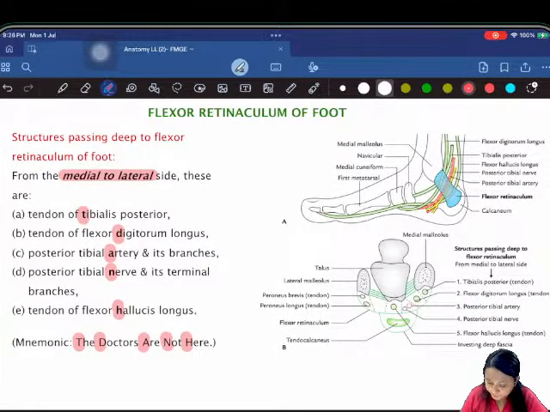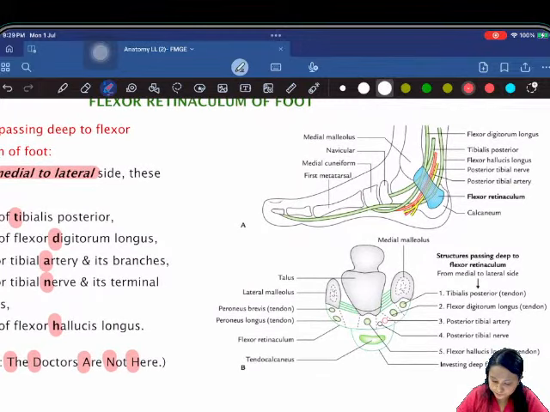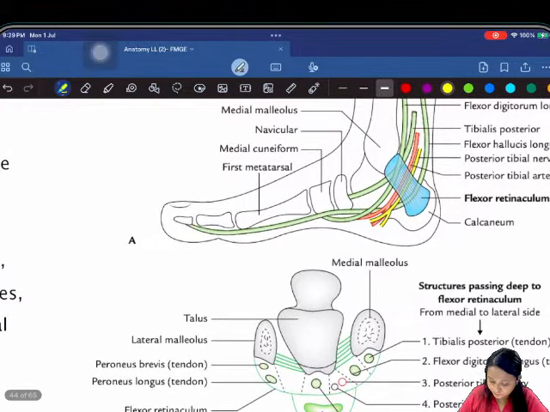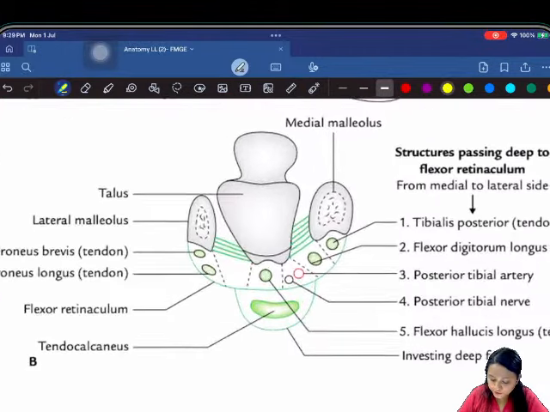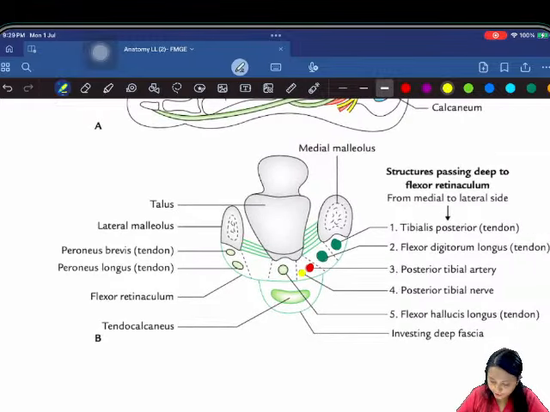So these are the structures which are passing deep to the flexor retinaculum. You can see in this image, this is the cut section, the most medial structure is the tibialis posterior, the doctors, then D for flexor digitorum longus, then A for artery, and nerve, the posterior tibial nerve, and then you have H for the flexor hallucis longus.